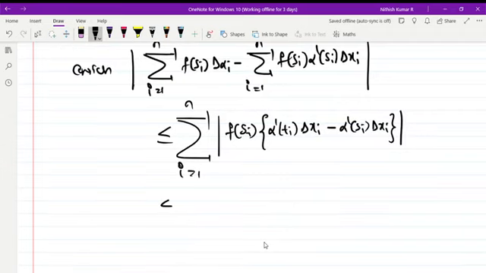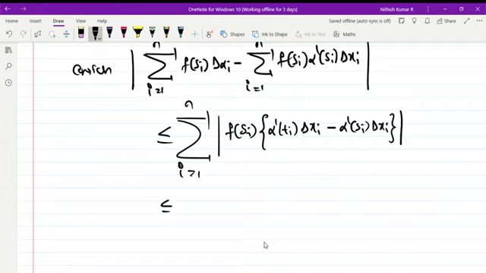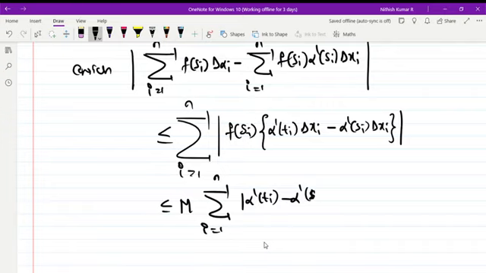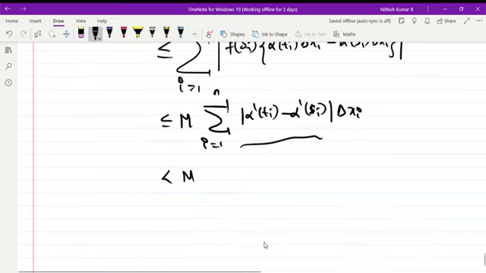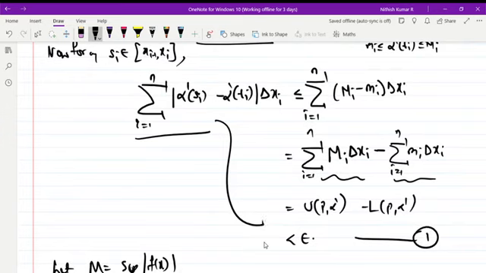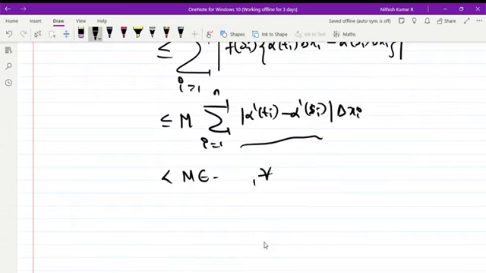Now, which is less than, now f is M, the supremum of f of x, so f of si is less than or equal to M, so it is M into the summation i equals 1 to n of the modulus of alpha dash of ti minus alpha dash of si into delta xi, which is less than M into, now we got this one is less than epsilon, therefore this one is less than M into epsilon.